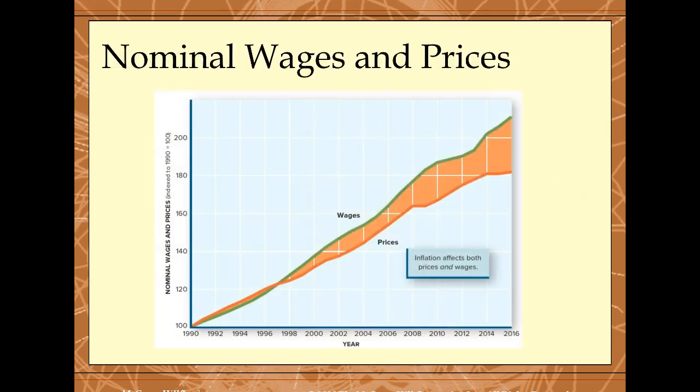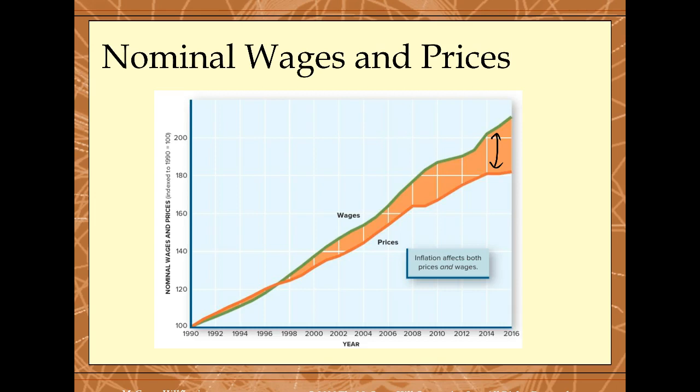So here we see how wages and prices have gone up over time, and you can see that wages have outpaced prices, and this gap is mainly due to a rise in worker productivity. So if workers are more productive, that's when you could see wages rising faster than prices.